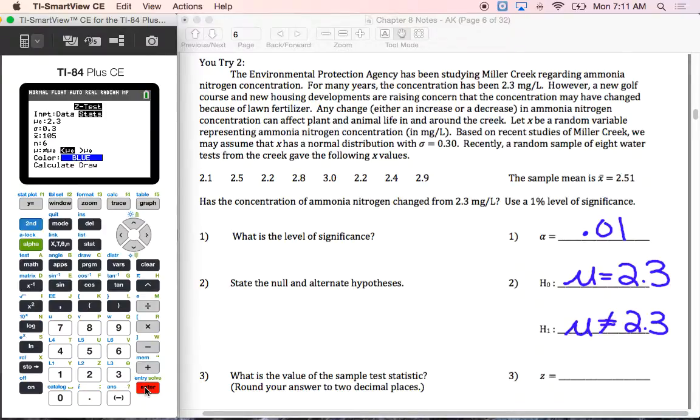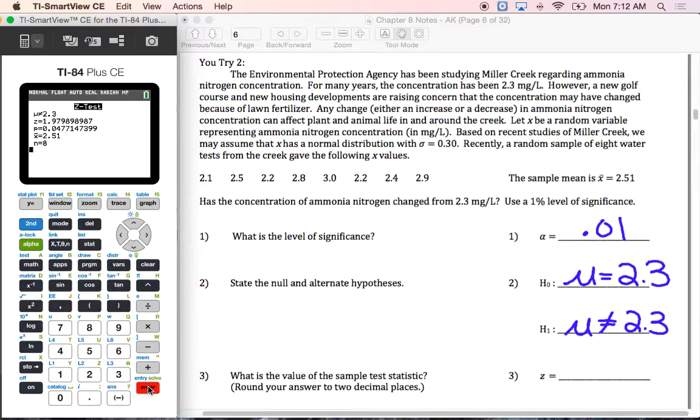Our X bar was 2.51. And our N, they told us there were 8 tests, so N is going to be 8. Now for our alternate, it was doesn't equal, so you want to hit enter for the doesn't equal. Again, just keep scrolling down. We'll go down to calculate.